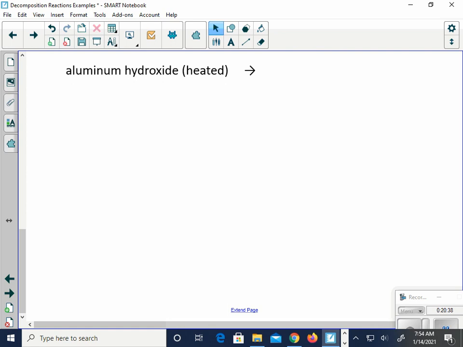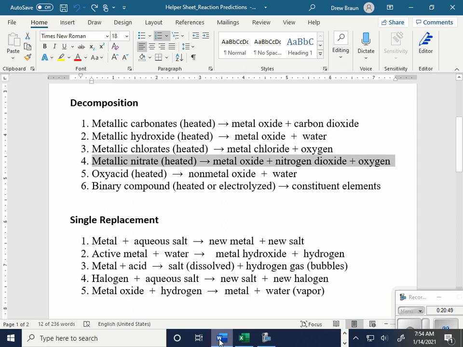All right, the very last one, Kaylin, aluminum hydroxide heated. Which of my decompositions is this one? It's a decomposition number 2.